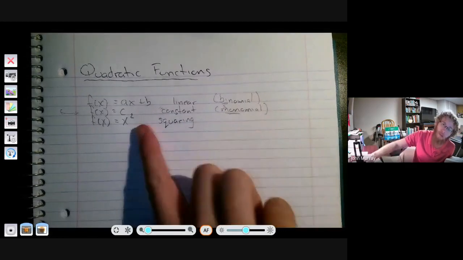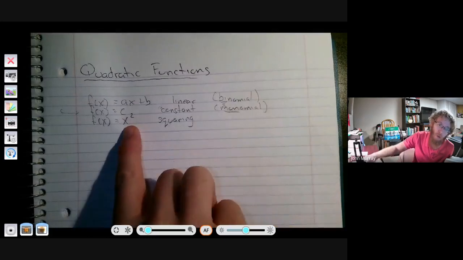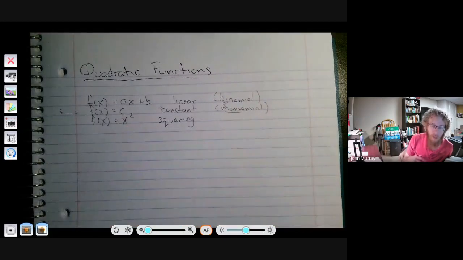Right, but this, like the constant, is just a monomial. This is only going to give us one graph. We can manipulate this term to give us a different form of graphs, and actually, we can use the squaring function to model a lot of real life examples. Okay, real life phenomena and things like that.